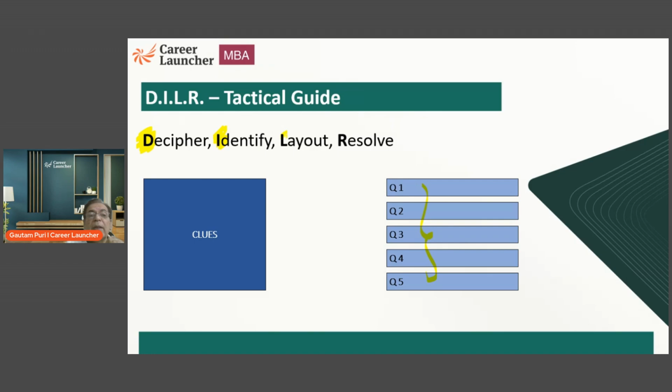Third stage is called the layout, which means tabulate the data. Layout is nothing but make the table or tabulate the data. So once you tabulate the data, okay, but you tabulate the data keeping the question in mind. Okay, and then finally you look at solving the questions. So resolve is nothing but solve. Okay. So then you look at solving the question.